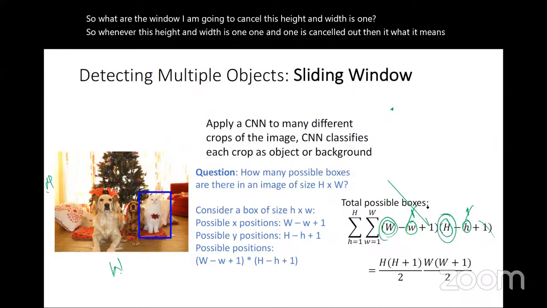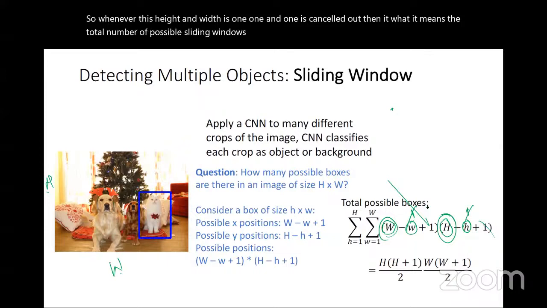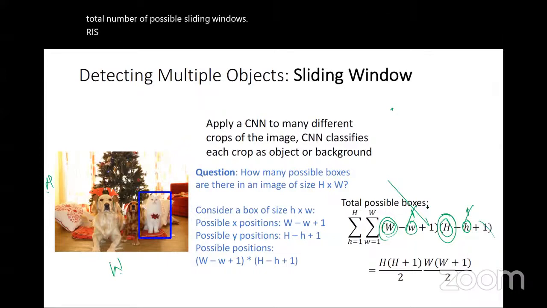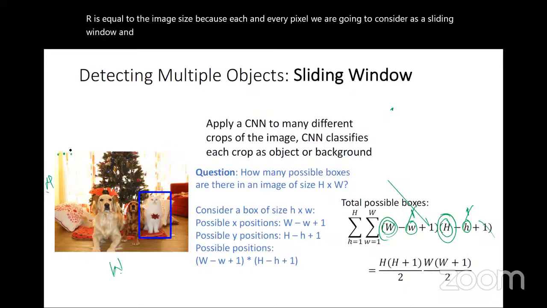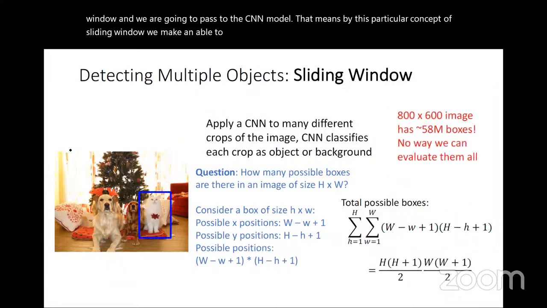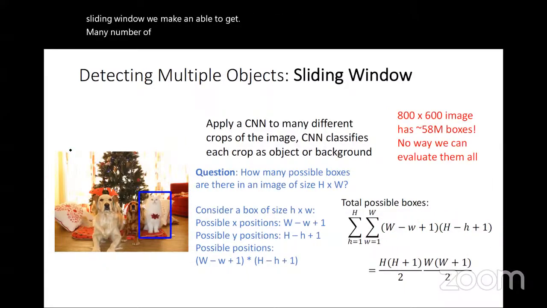The total number of possible sliding windows is equal to the image size, because each and every pixel we consider as a sliding window and pass to the CNN model. That means by this concept of sliding window, we get a huge number of patches from an image. That is not a proper solution. The reason is not only that, it also brings complex possibilities.